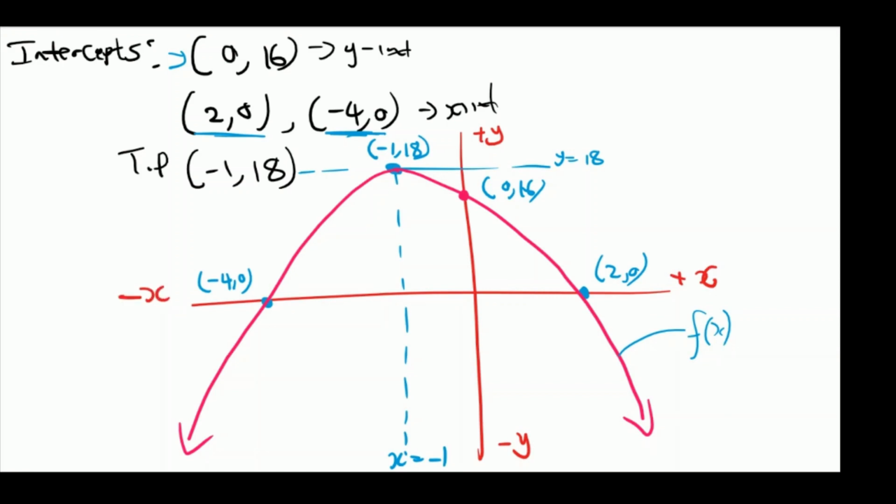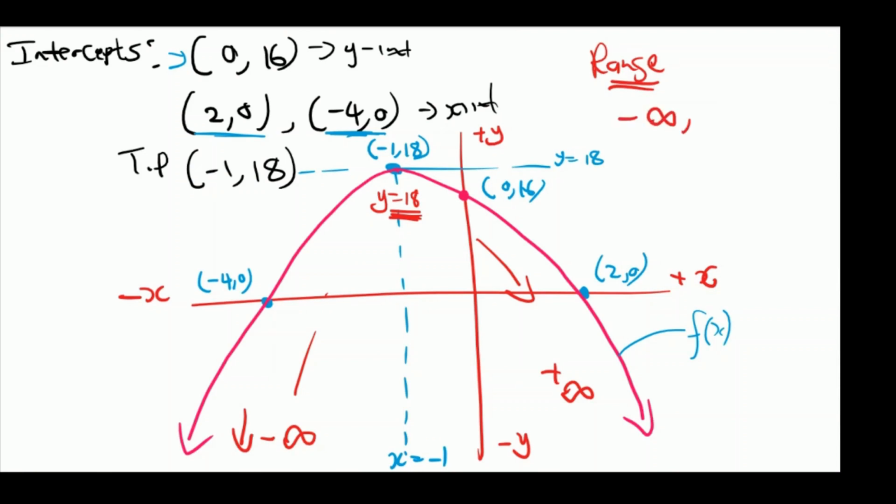So looking at the y values, they come from negative infinity and they go up to this maximum point of y is equal to 18, and then from y is equal to 18 they go all the way down. So the range, you can simply write negative infinity going to 18 inclusive.